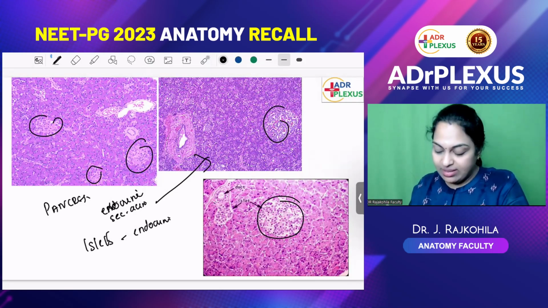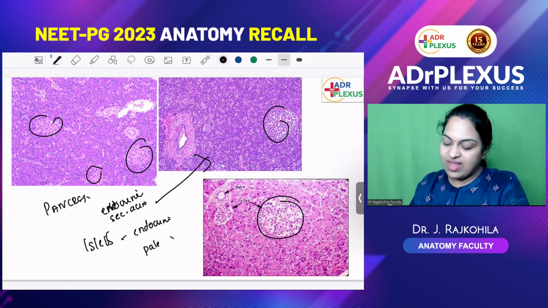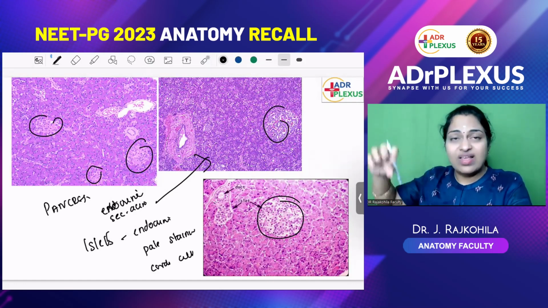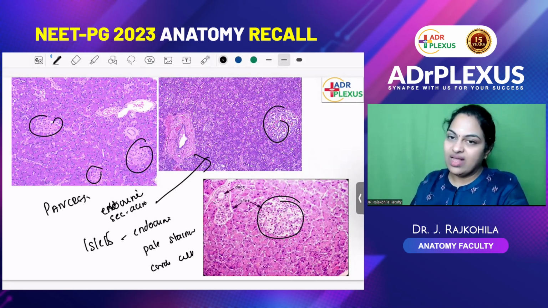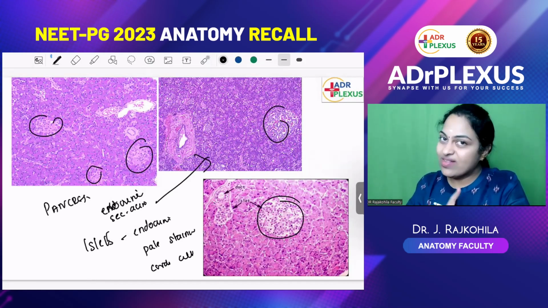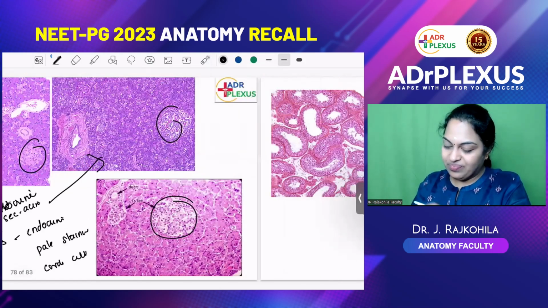They are scattered, they are pale staining, and you can see irregular cells arranged as cords, with the blood vessels into which they are going to pour their secretions, right? So this is the typical feature of islets, and I hope it doesn't resemble the renal corpuscle, right?